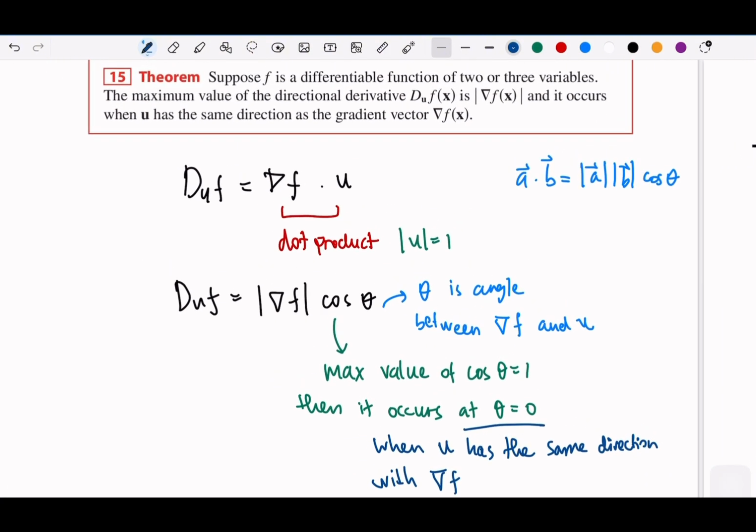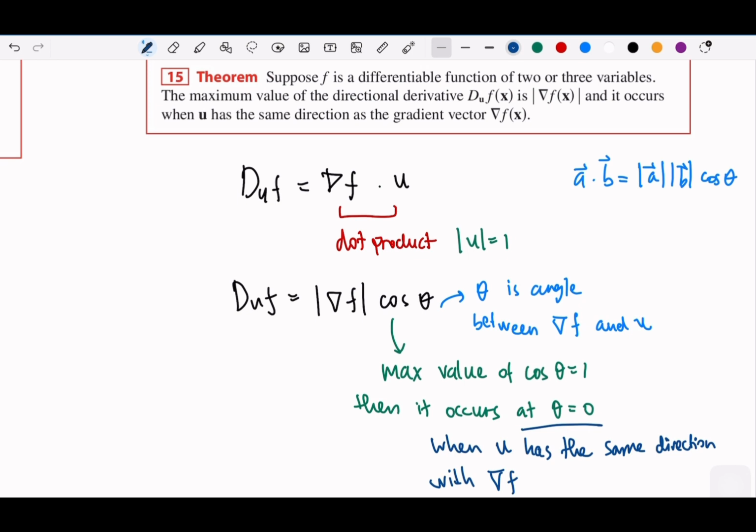Okay. So that's how you get the theorem. The maximum, why we should have the same direction with del f. They have the same direction.